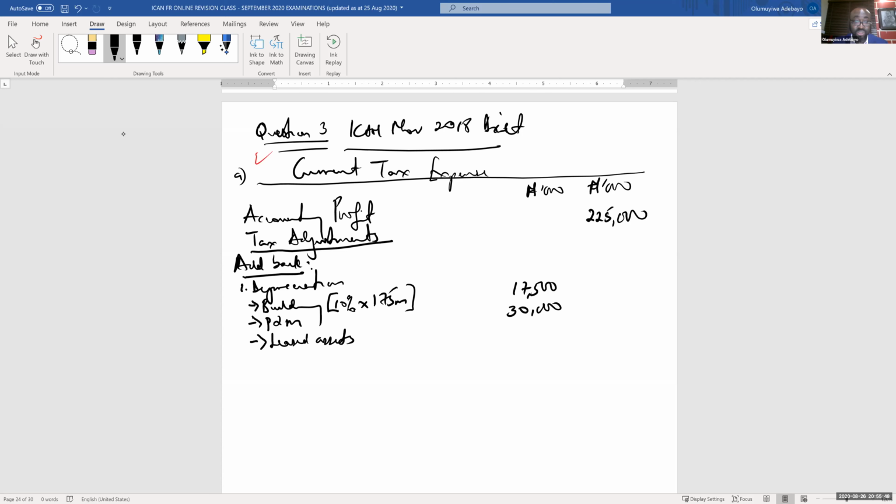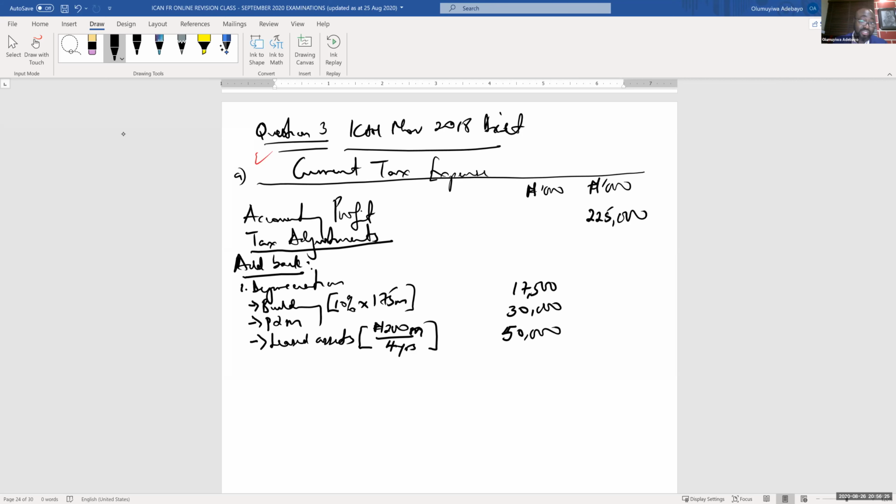There are 2 ways you could do it. You could attempt solving it by saying 200 million is the amount available for the remaining 4 years. We simply put that the depreciation per year is 50 million, which means if you say per year is 50 million, it means 50 million times 5 years will give you 250 million as the value of the leased assets at the inception.